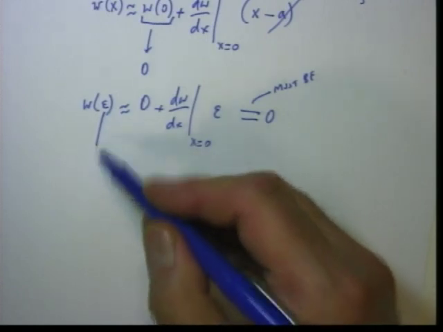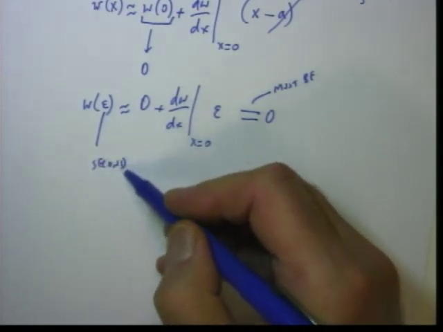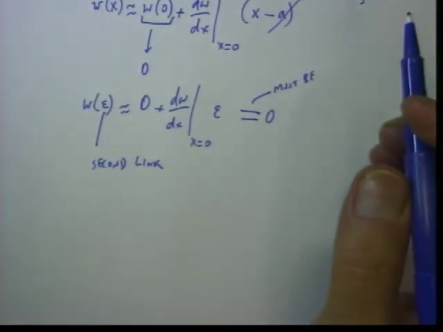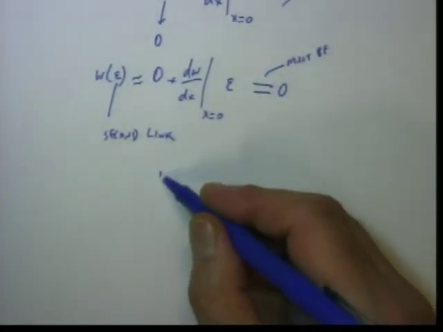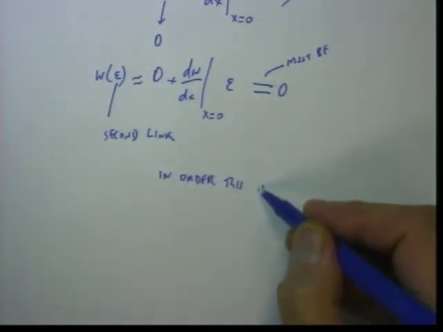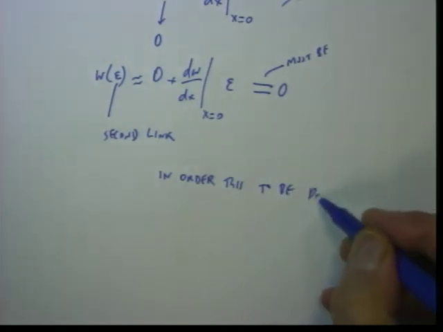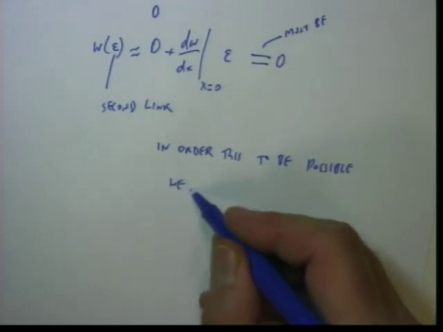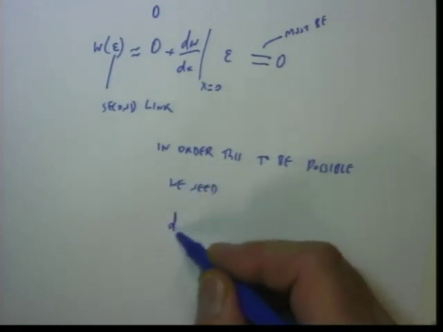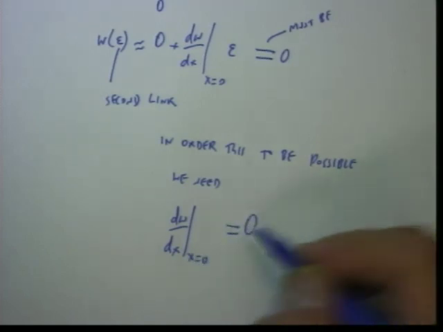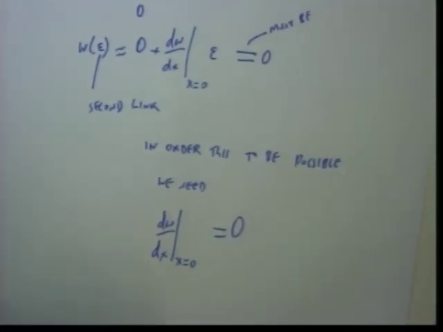There is a second link. Now, in order for this to be possible, we need dW dx at x equals 0 to be 0. Otherwise, this will not be possible.